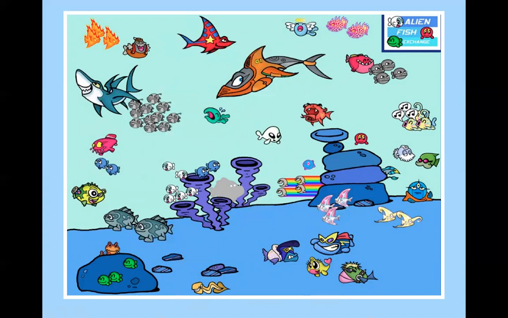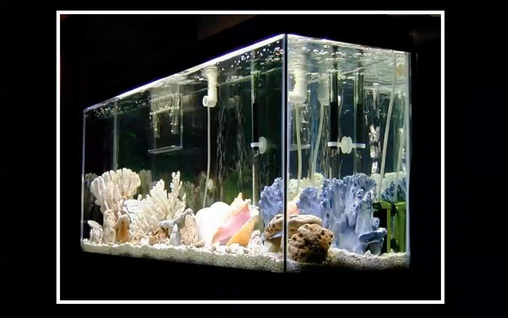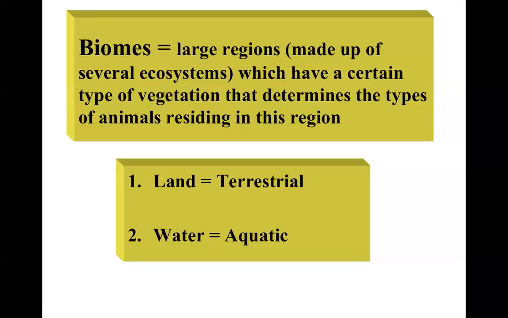You've got a heater on the tank, so that regulates the temperature, and you've got light on it. So that's kind of like a micro ecosystem. You're considering all of the physical components of the environment plus the community, all the different fish that we have. And here again is another aquarium, so that's a good example of a micro ecosystem.